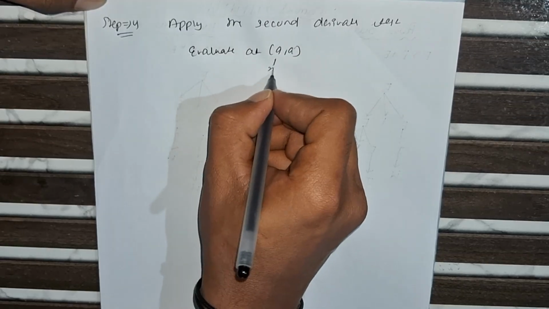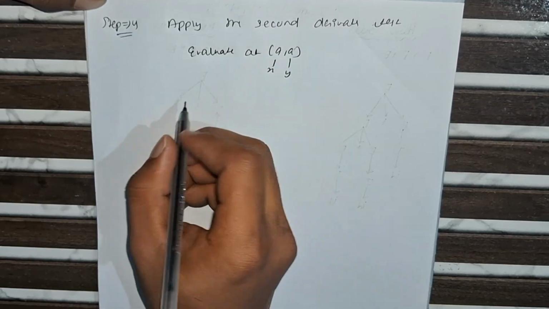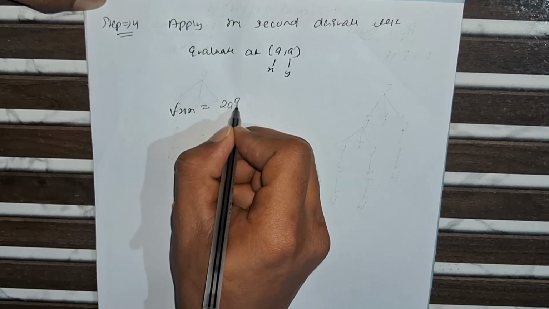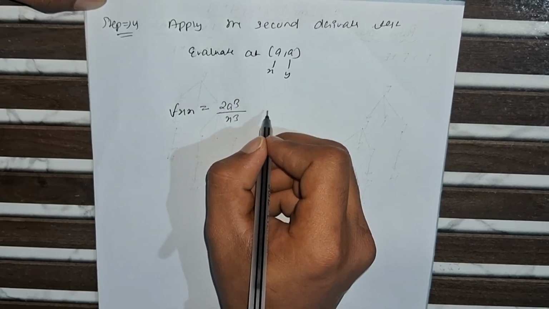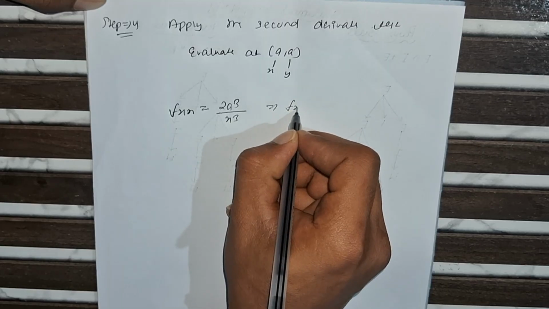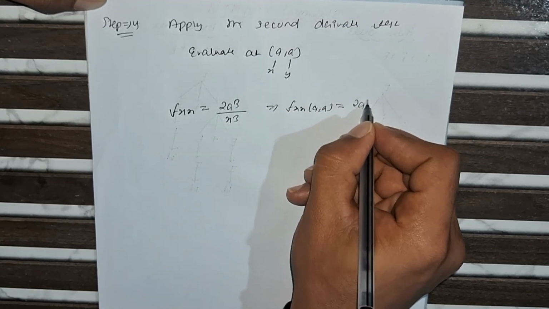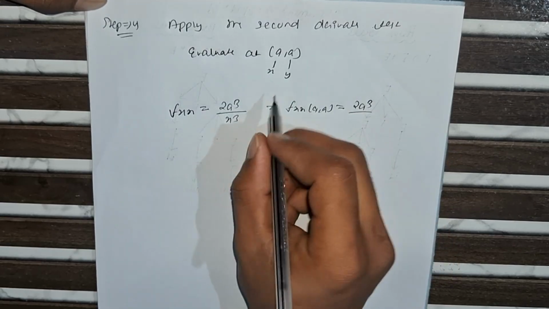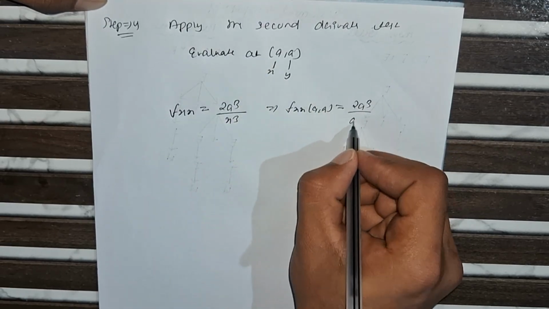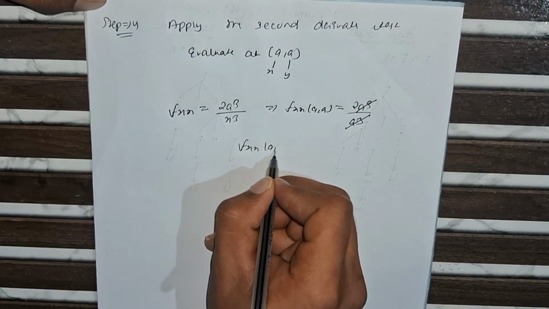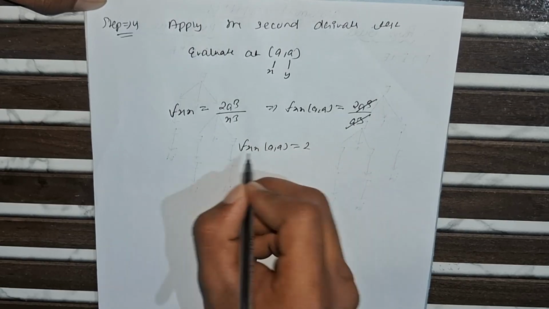This is the value of x and this is the value of y. So now what is our double derivative, f_xx equals 2a³ by x³. Then our second order derivative at a comma a is equals to 2a³ by x³, means the value of x, which is a, then a³. It will cancel out. It becomes f_xx at a comma a equals to 2.